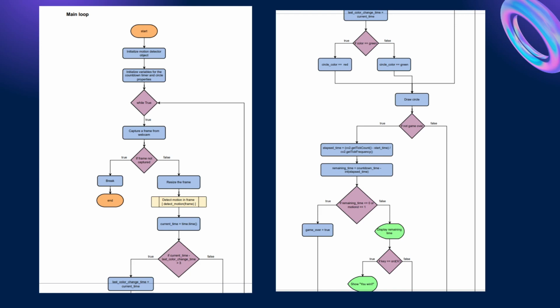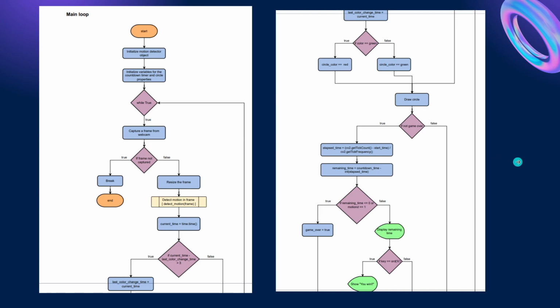For the main loop, we use the predefined process for which we have already created the flowchart in the first part. As you can see in the yellow rectangle box in the left picture, the detect motion in frame. We do the process in this loop until we get the break process, or we press the Q key.